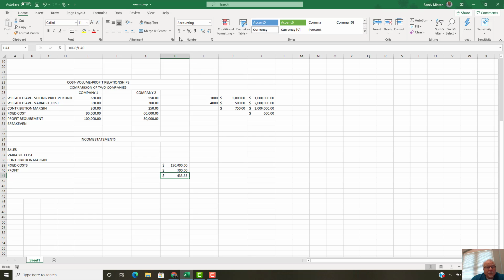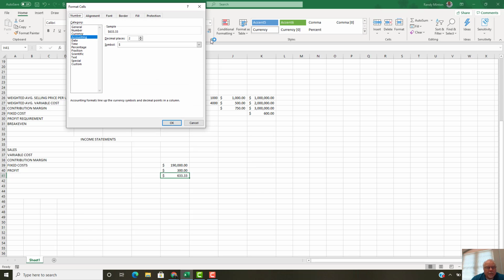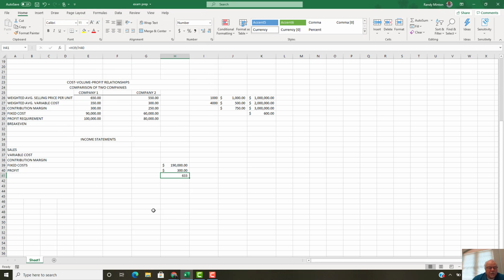Now I'm going to change this to just a plain number, and the reason is that I'm not going to be able to sell a third of a unit. You're not going to buy a third of a unit, right? So I'm going to get rid of my decimals here, and it'll turn into 633.